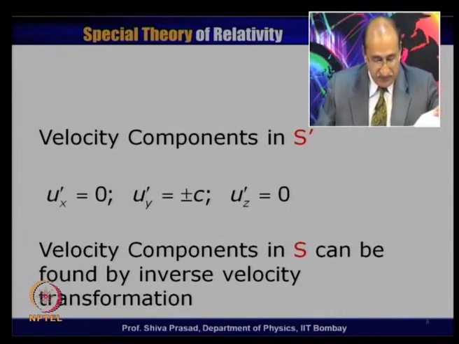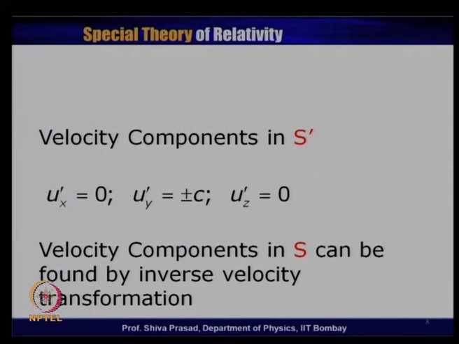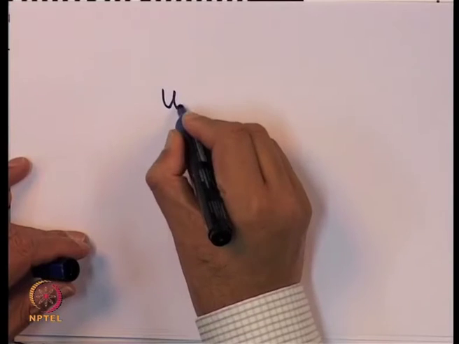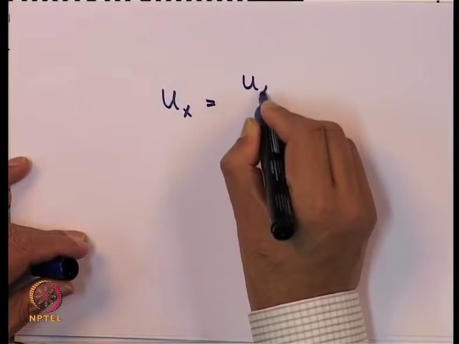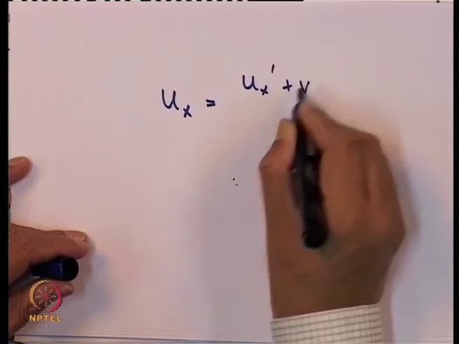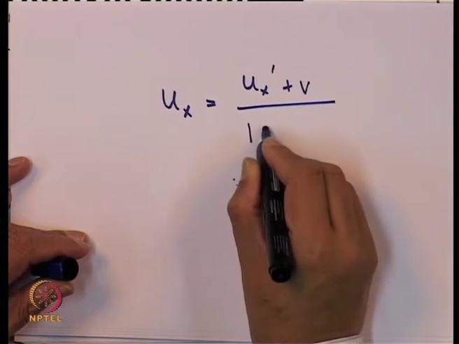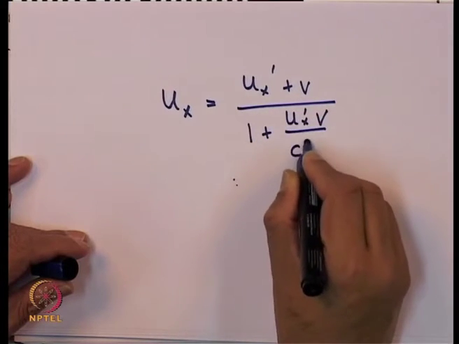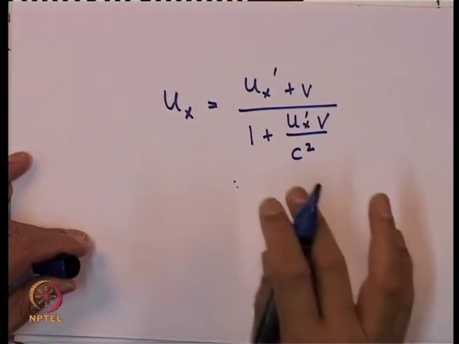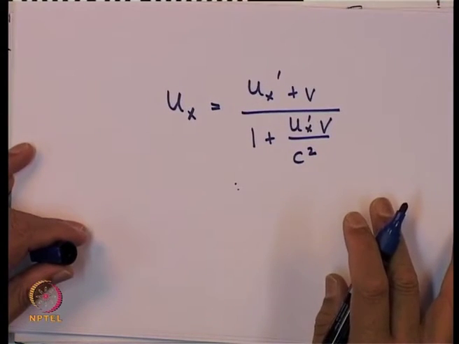So, let us write the velocity transformation equations. I will write ux is equal to ux prime plus v, divided by 1 plus ux prime v by c square. This is as far as the transformation of the x component is concerned.